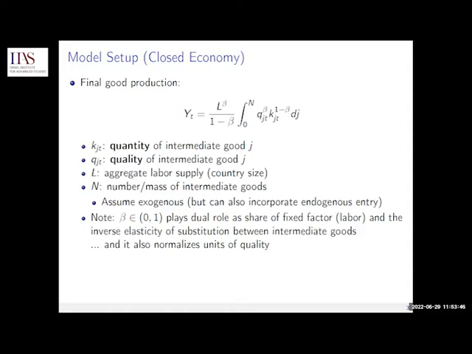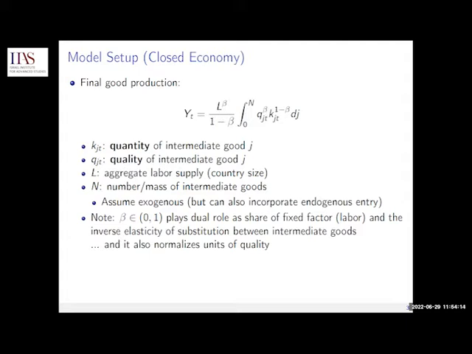This is a functional form that's really convenient, because the one key parameter is this beta, which plays tons of different roles. So if you want to do some comparative statics related to beta, actually, just don't do comparative statics related to beta in this type of model. Beta is the share of the fixed factor here, which is labor. The intermediate goods can keep growing.